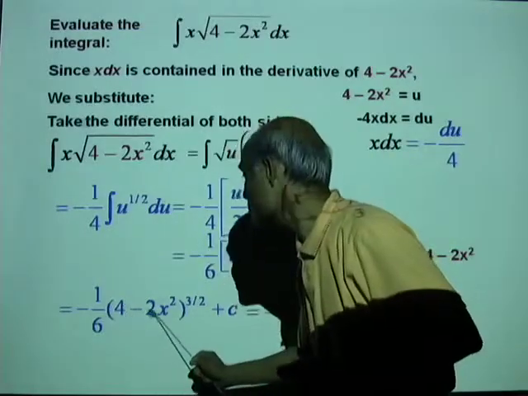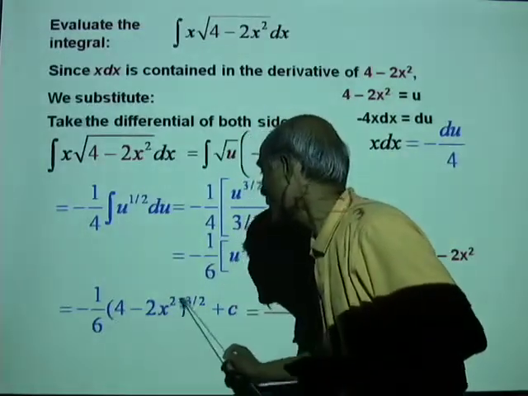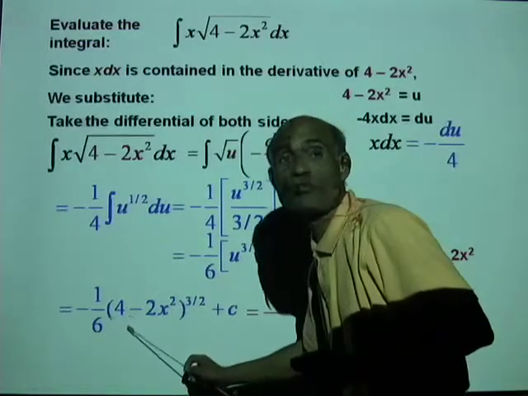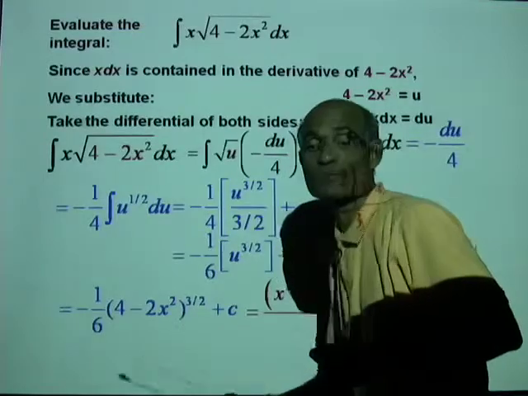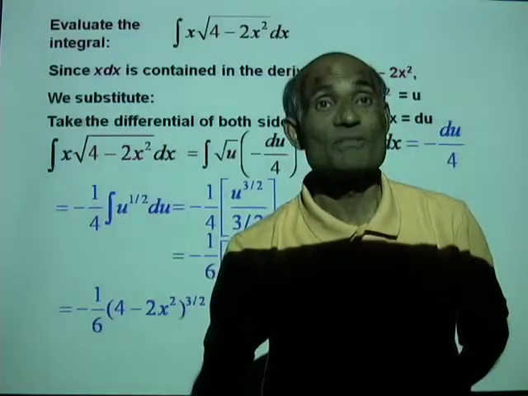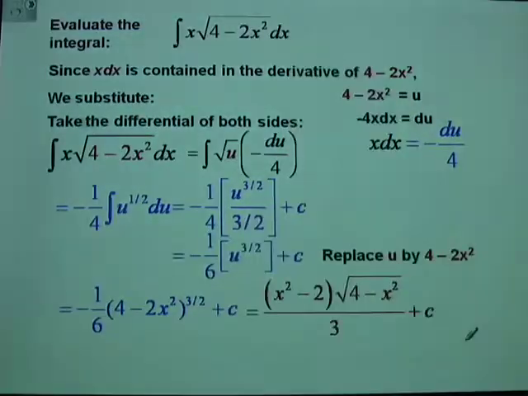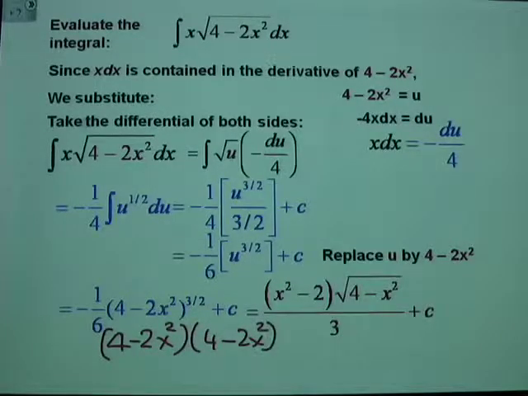So 4 minus 2x squared raised to the power of 3/2 is 4 minus 2x squared times 4 minus 2x squared to the power of 3/2. I'm going to write that down. Alright, watch below that term. 4 minus 2x squared to the power of 3/2 can be written as 4 minus 2x squared times 4 minus 2x squared to the power of 1/2.